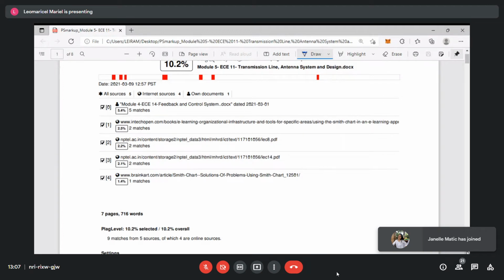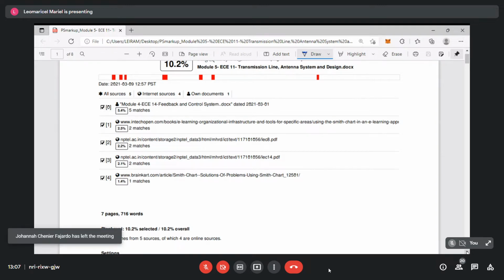An activity for this. So I will just explain some points to guide you on how we are going to do it. Our topic for today is about the Smith chart.